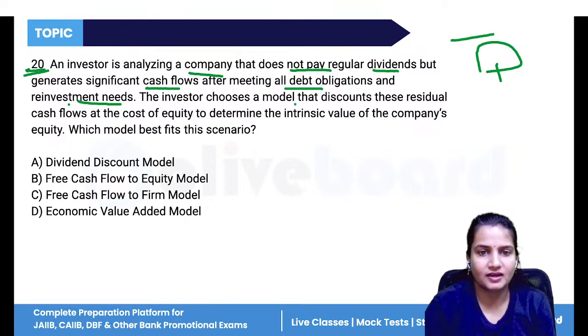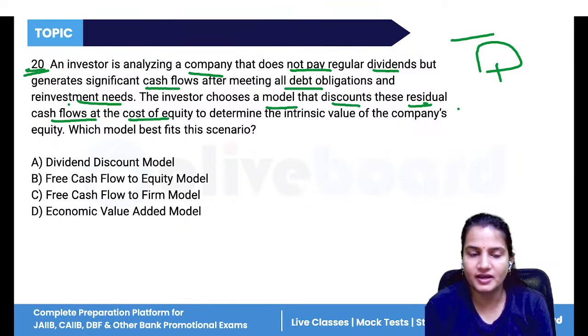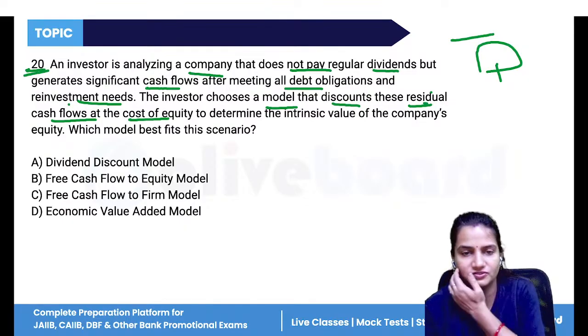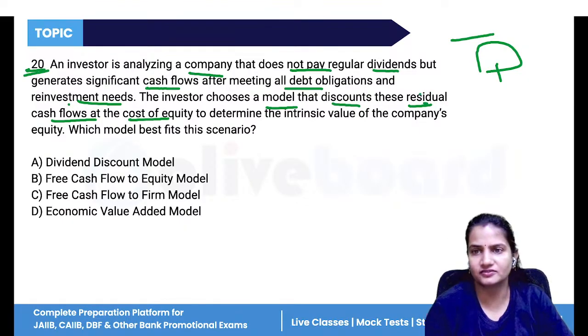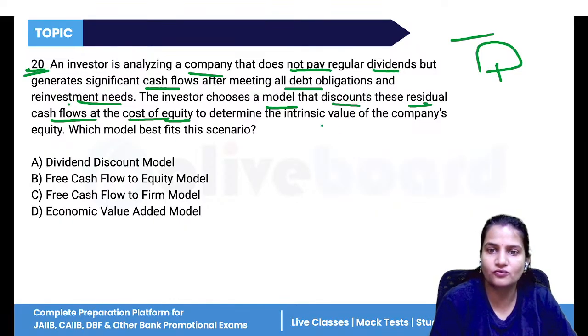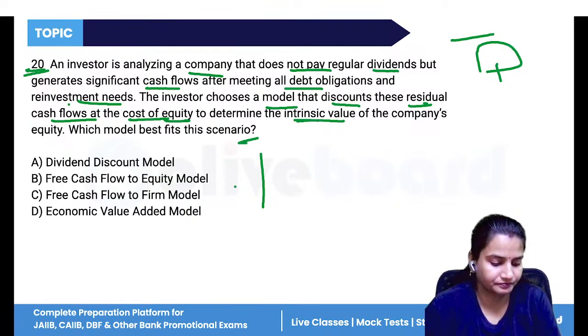Now, the investor chooses a model that discounts these residual cash flows at the cost of equity. Residual cash flows means the money which you have kept in your company for future use, your retained earnings, your internal accruals. So that cash flow is discounted at the cost of equity to find the intrinsic value of the company's equity. So now which model is fit for this?